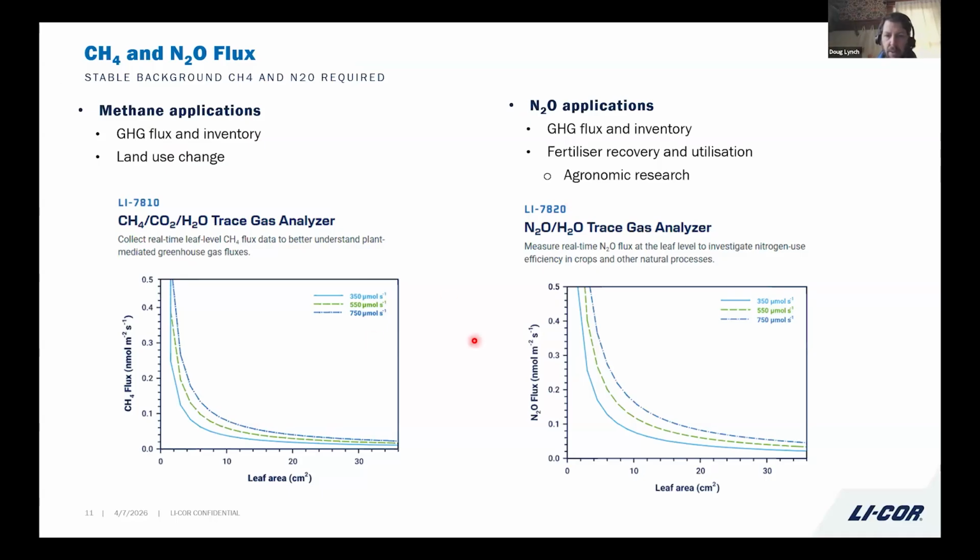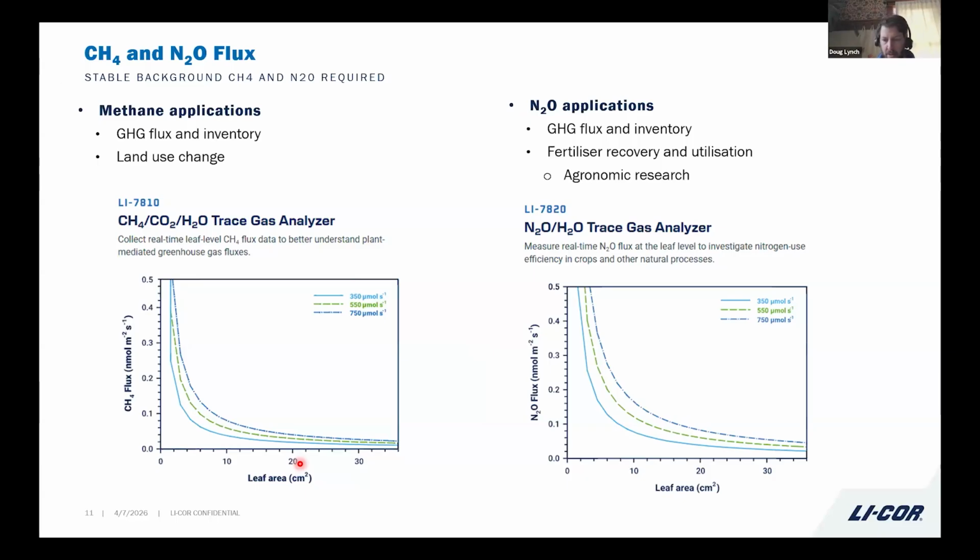And these plots here on the bottom are showing at a few different flow rates, our minimum detectable flux as a function of flow rate. And on the x-axis is the leaf area. So one thing this highlights is that the larger chambers are probably going to be most appropriate for a lot of these measurements. And that will come up again with the isotope discrimination.